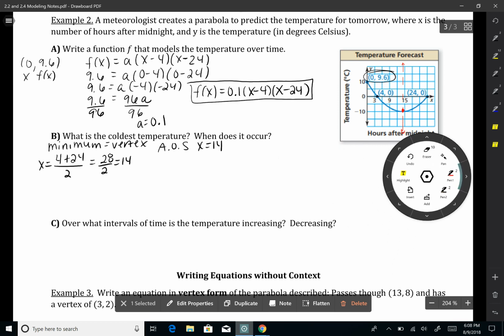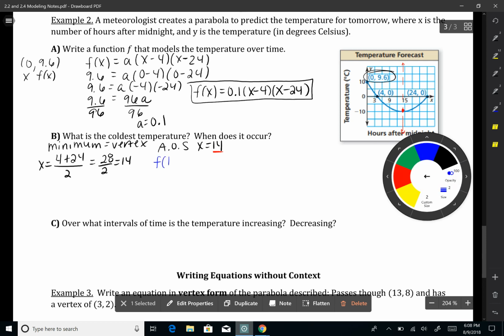Okay, so that means I have to plug the axis of symmetry into my function for x to find the related y value, which is the y value of the vertex. So f(14) = 0.1(14 - 4)(14 - 24). So that's 0.1 times 10 times -10.